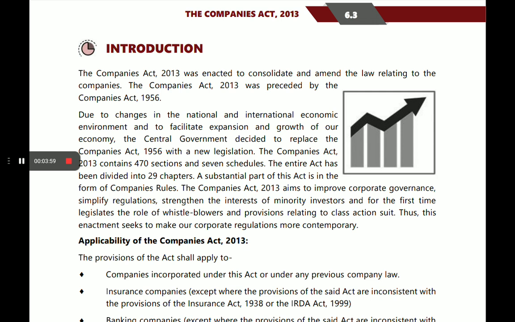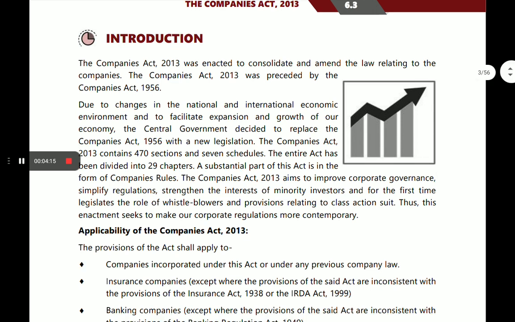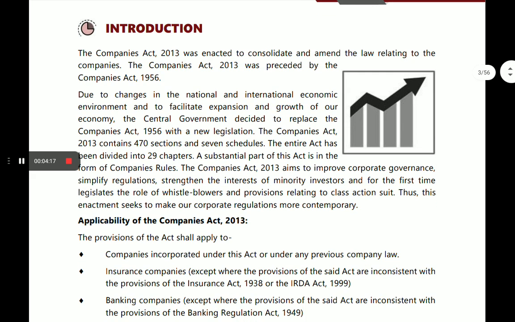The Companies Act 2013 aims to improve corporate governance, simplify regulations, strengthen the interests of minority investors, and for the first time legislates the role of whistleblowers and provisions relating to class action suits.